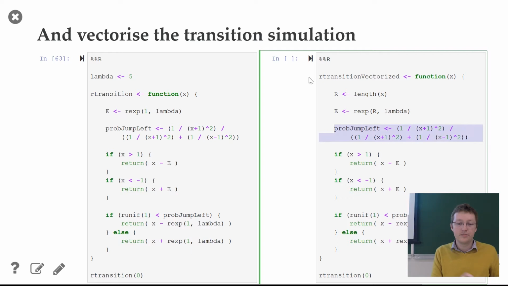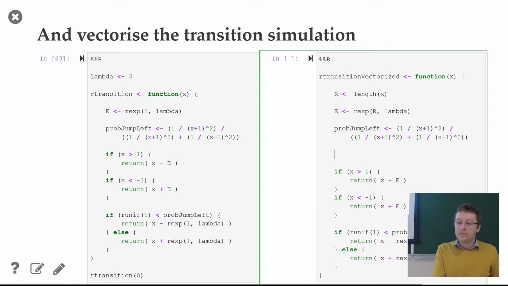Actually, this code doesn't need to change at all. Before, it was just one number, a probability of 0.7 or 0.2 or whatever. If you put in a vector instead, it'll just calculate that probability for each x and give you the probability of jumping left for each of the Markov chains. So just let it do its magic, we don't need to change anything there.